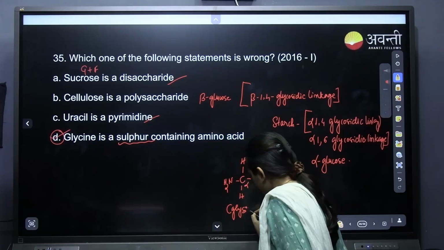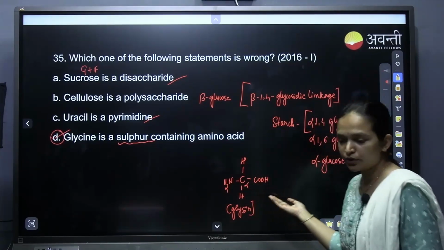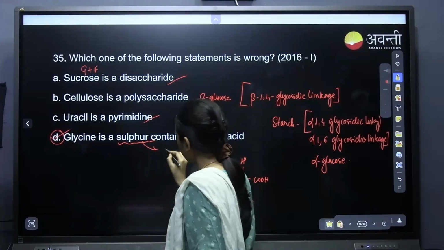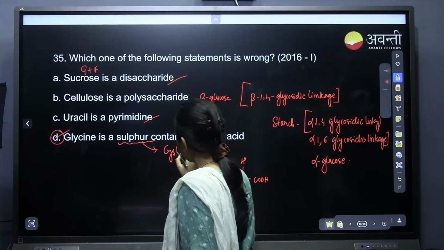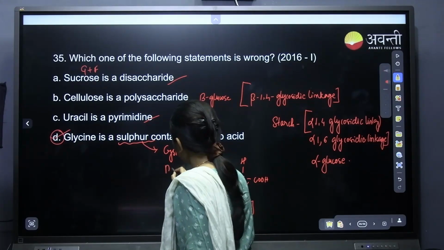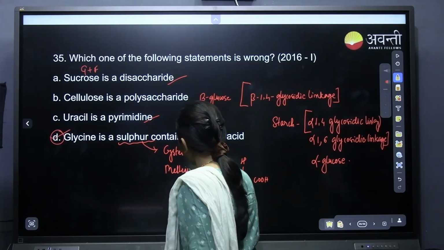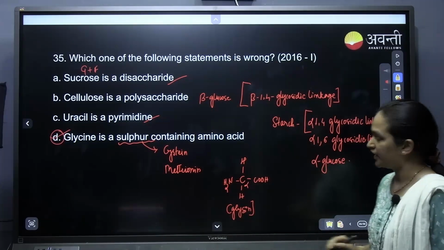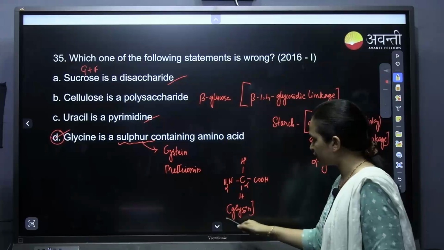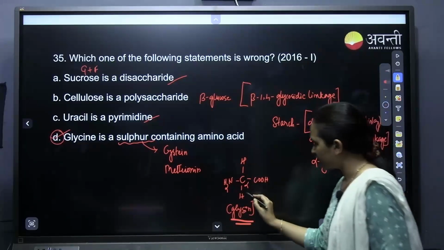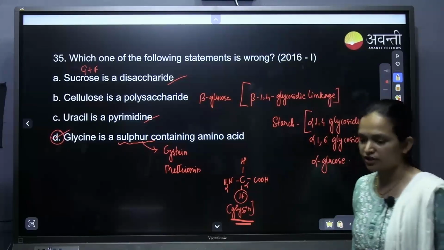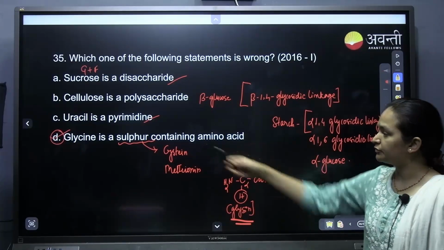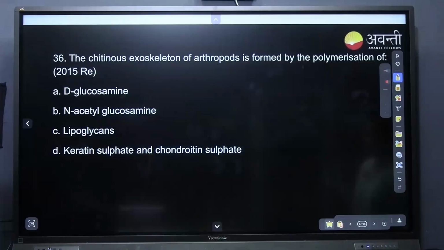Does this have any sulfur compound? What are the sulfur containing amino acids? Cysteine and methionine are the sulfur containing amino acids. Glycine is a very simple amino acid, where the R group is replaced by hydrogen. Which makes D for Delhi the right answer.